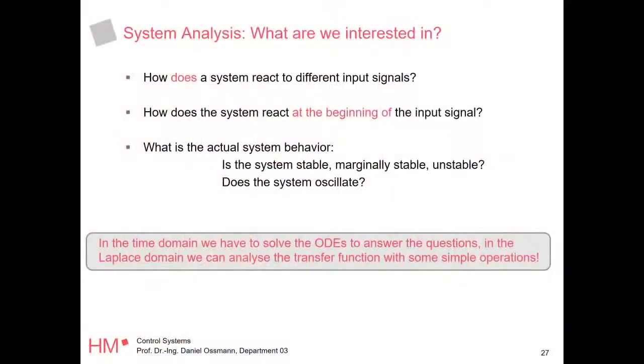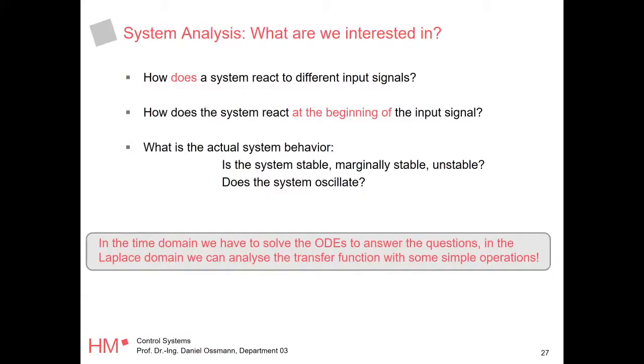In the time domain, to answer these questions, we need to solve it, especially for the first two, or at least we need to solve for the homogeneous solution, which was computing these lambdas, if you remember, by solving the characteristic equation.